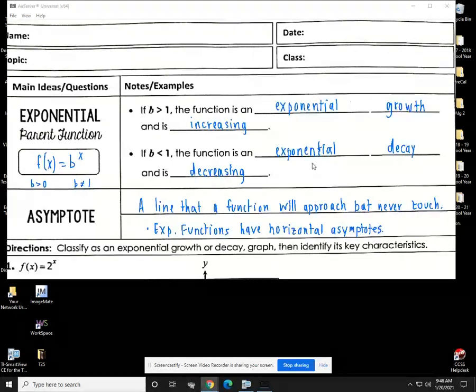After you write that, over here underneath this asymptote, I want you to put y equals 0. Y equals 0. And we'll talk about this in just a second. But every one of our exponential functions is going to have a horizontal line that the graph will approach, but it will never cross it.